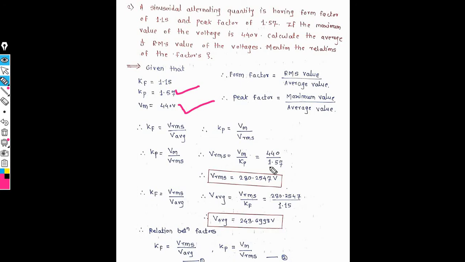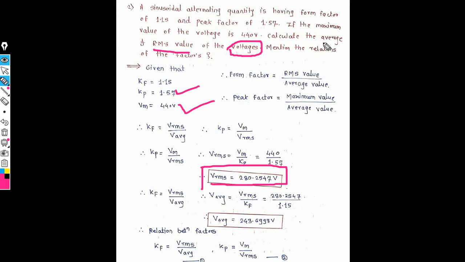Then we obtain the value of Vrms, that is 280.2547 volt. That means first we calculate the voltage at RMS value, that is Vrms.